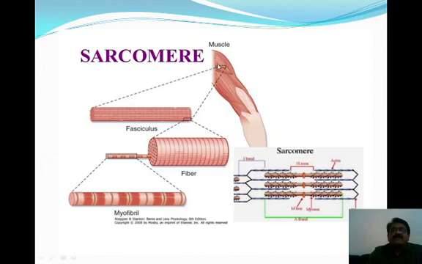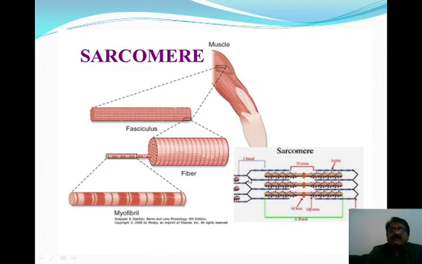Now the sarcomere is the unit here. It comprises the fasciculus, and when we magnify the fasciculus, we will infer that there are muscle fibers, about 10 to 18 micrometers in diameter. Each comprises the myofibrils, and the myofibrils comprise the myofilaments.